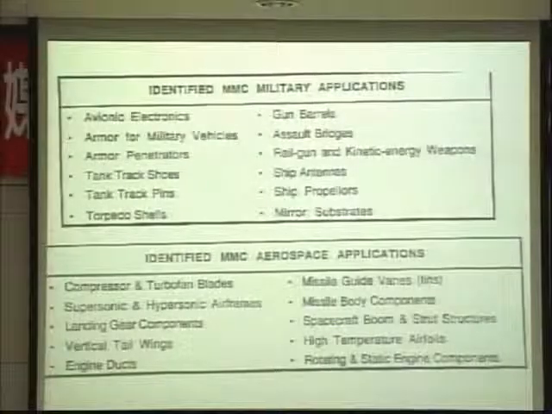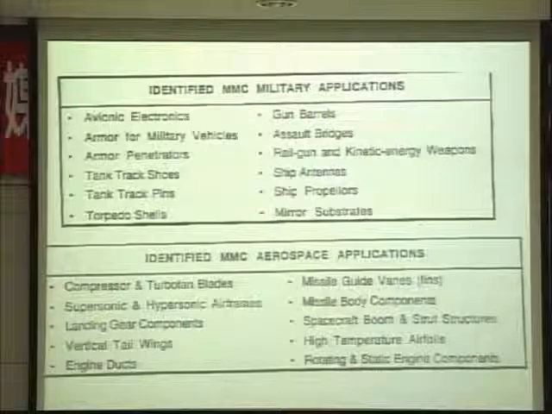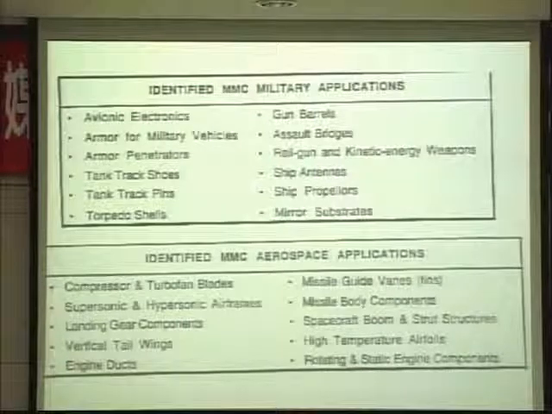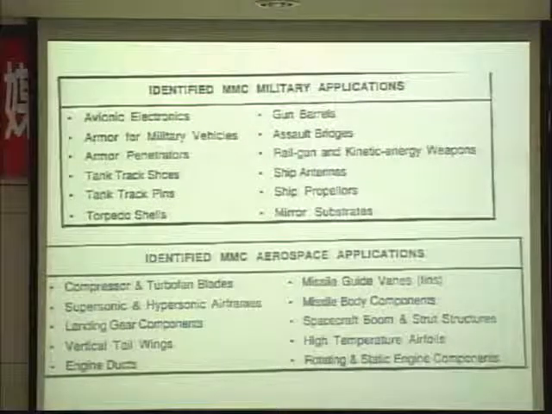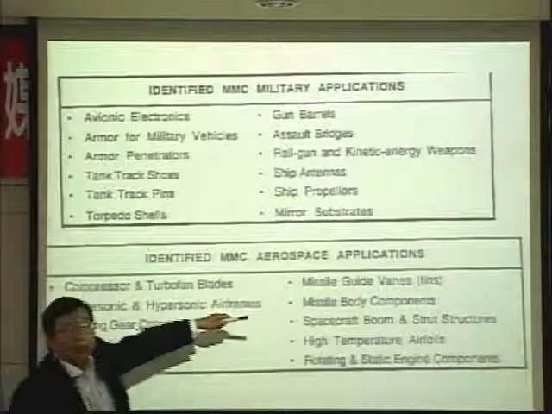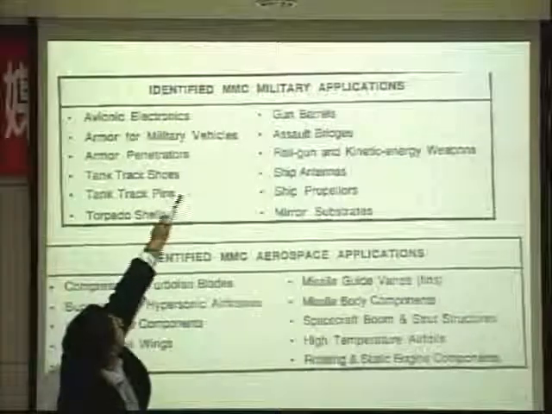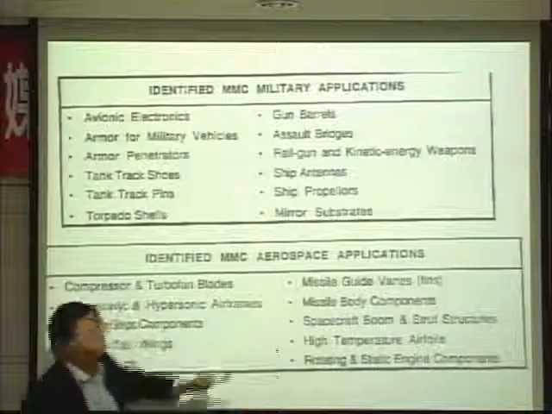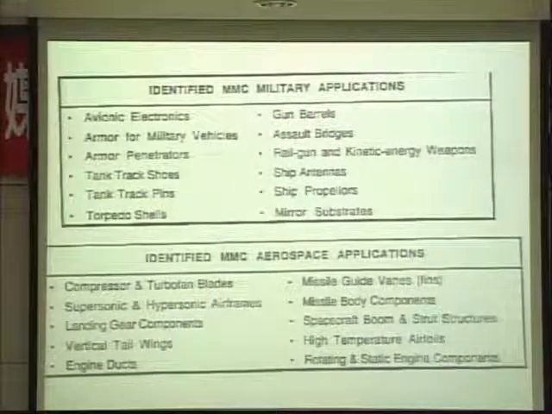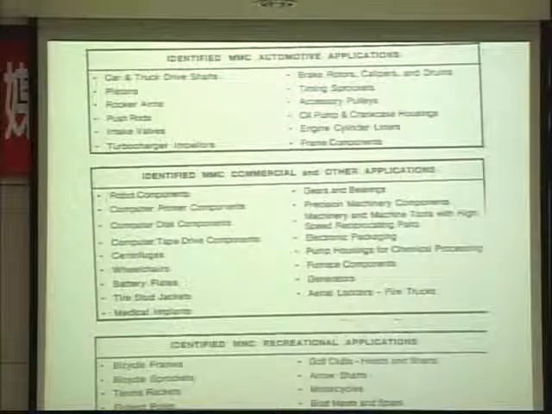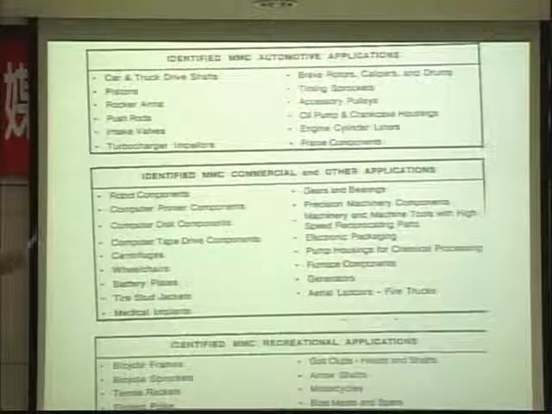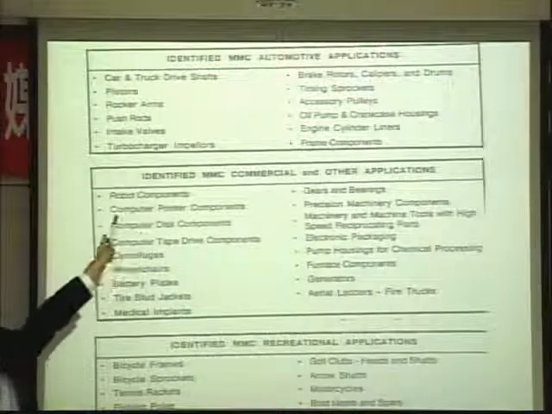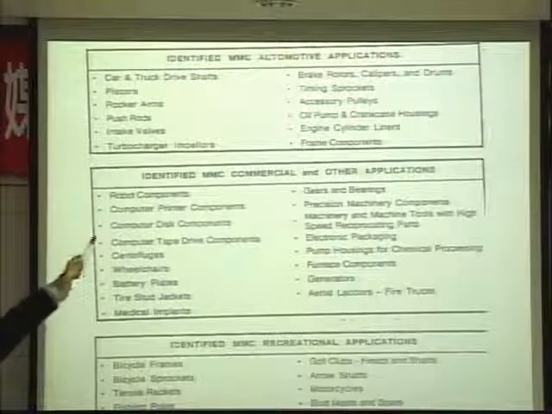This is another table, from another source, and you can see different kinds of metal matrix composite application. This one classifies them into military application, aerospace application, aircraft, automobile application. Those have already been used.